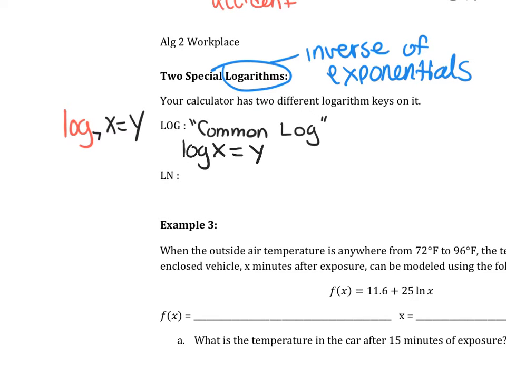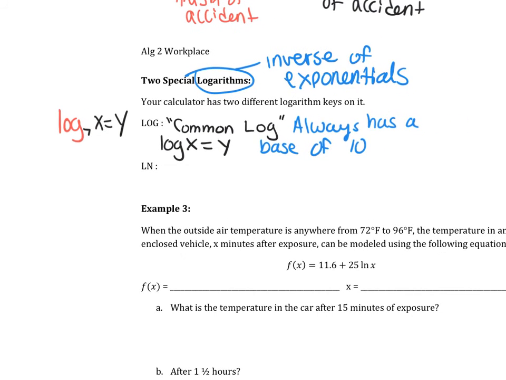And so similar to how when we have the square root, we don't always have to write the 2 there for square root because it's an implied square root. With the common log, if you just see the word log with no base written, that means it has a base of 10. It always has a base of 10 if no base is written.